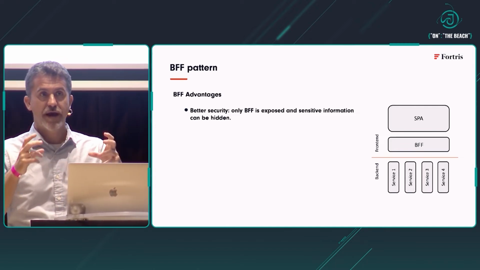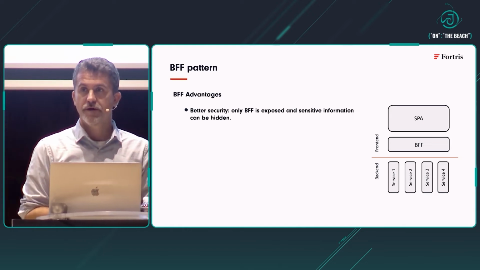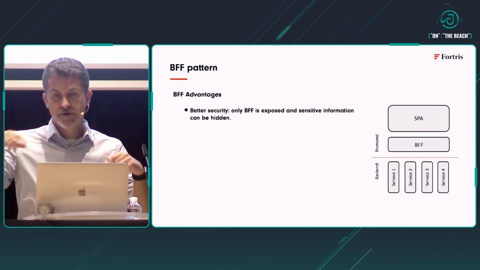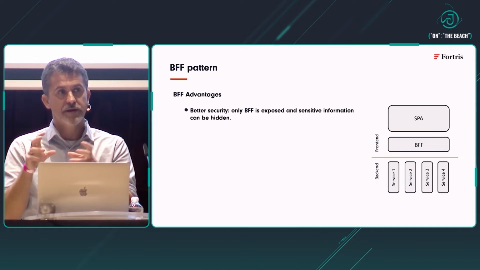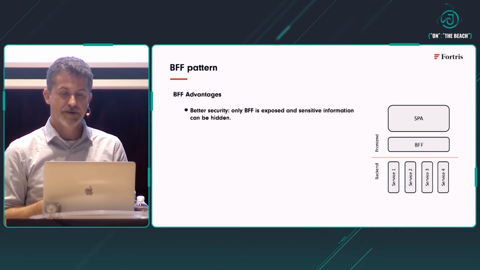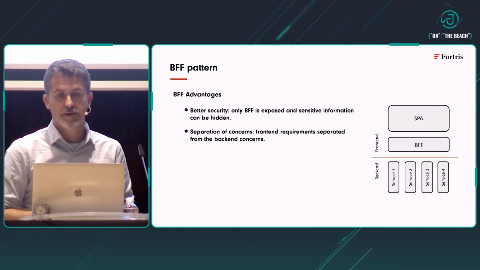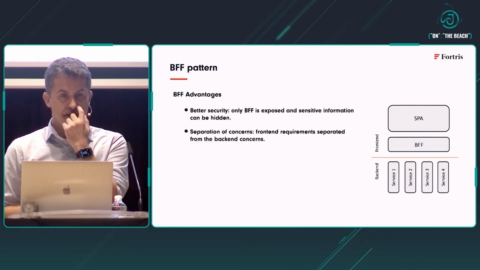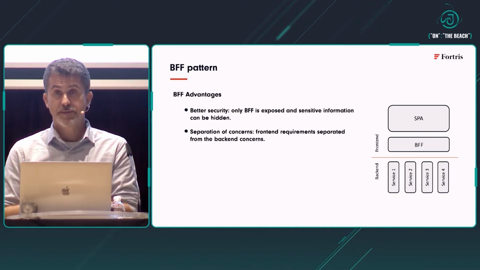In other cases, we have to compound the response by routing to the different microservices that we need, and then compound and adapt it to the client-side application, or our single-page application. And also we can separate the concerns.